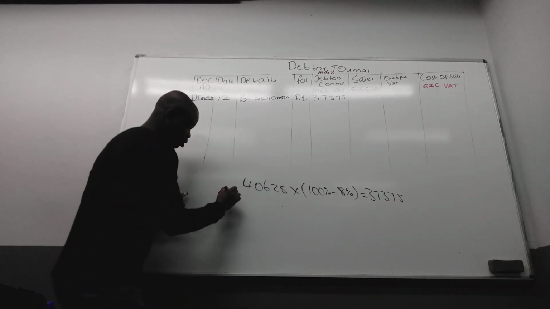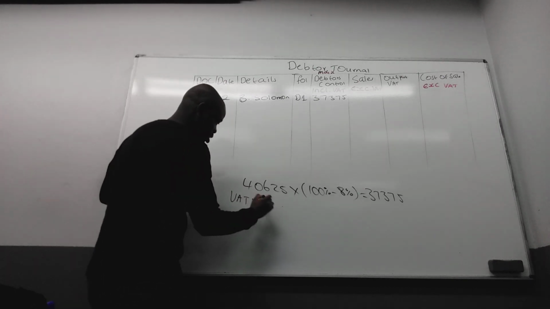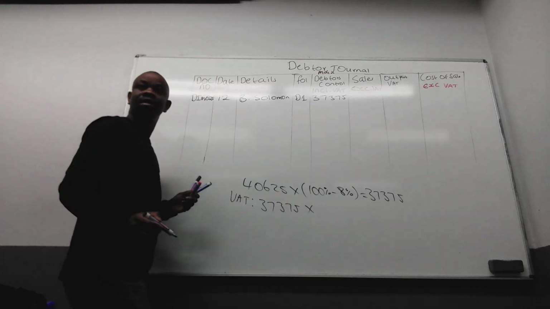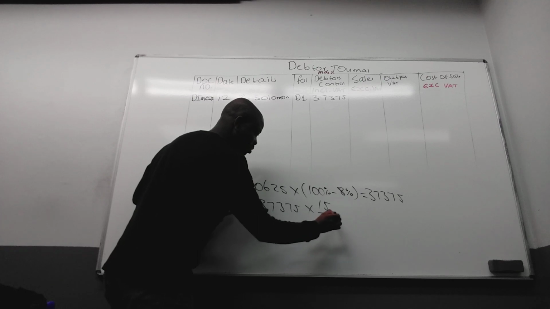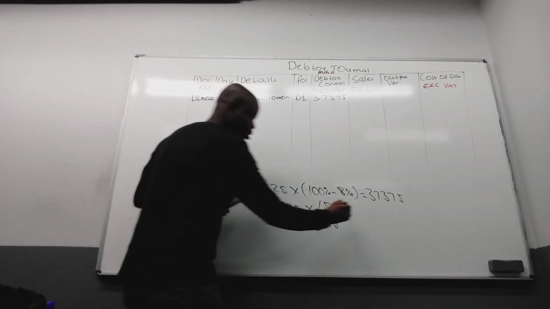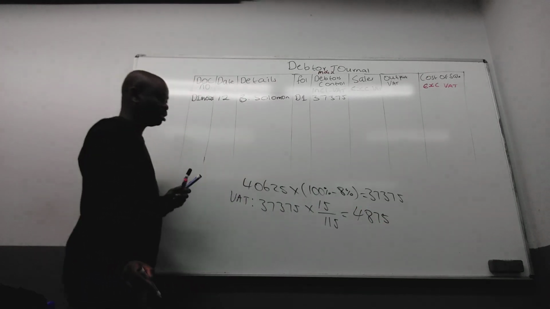So when you calculate VAT, I'm going to say 37,375 times 15 over 115, right? It's 4,875.